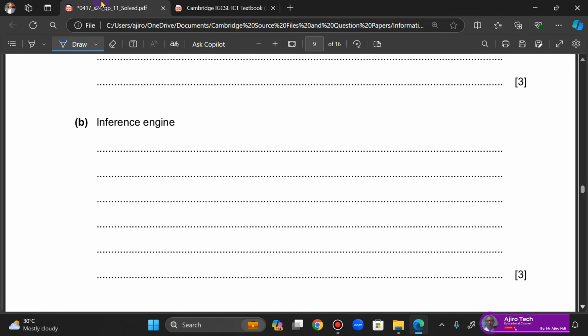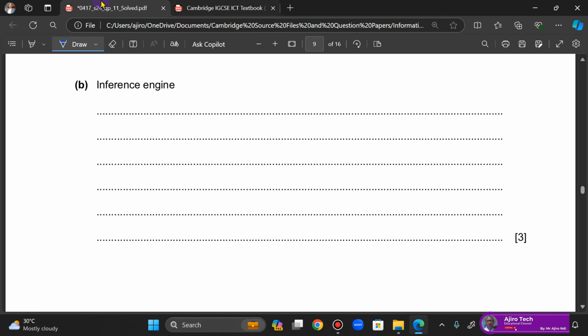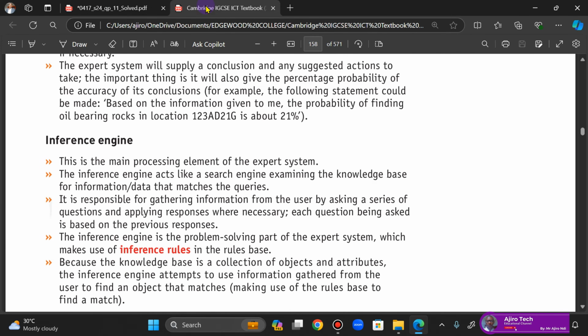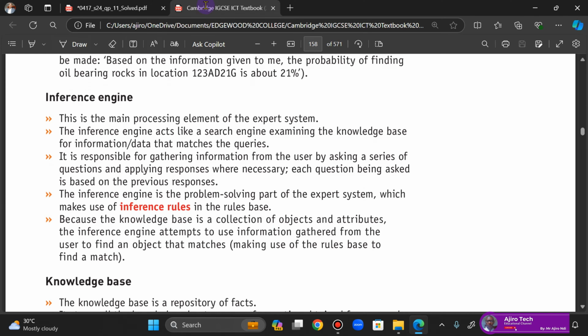Okay. Inference engine. Now, the inference engine is the main processing element of the expert system.